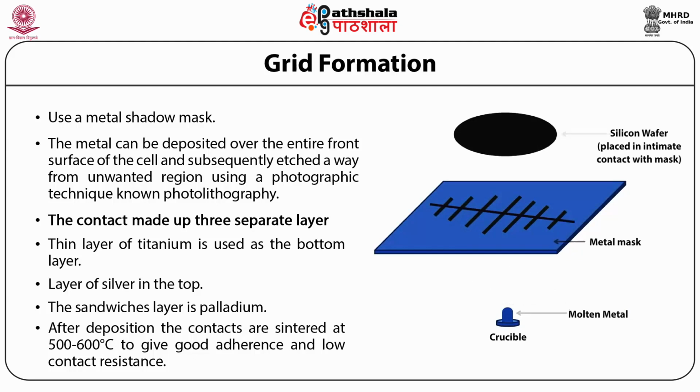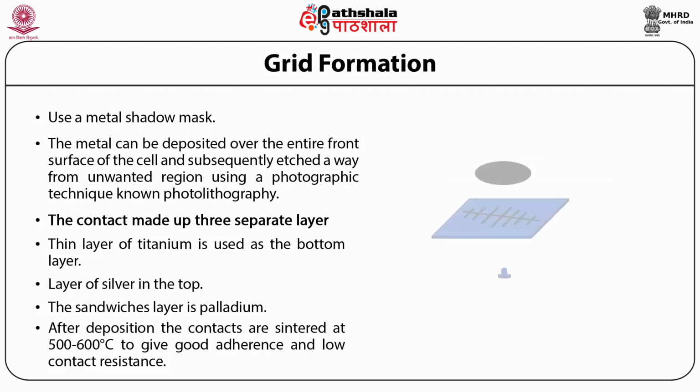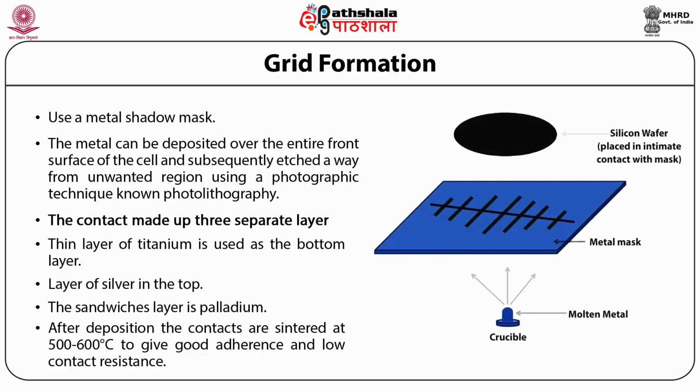The thick layer, that is silver or palladium tin, can significantly reduce the series resistance. This is the most common way to produce the solar cells of high efficiency.